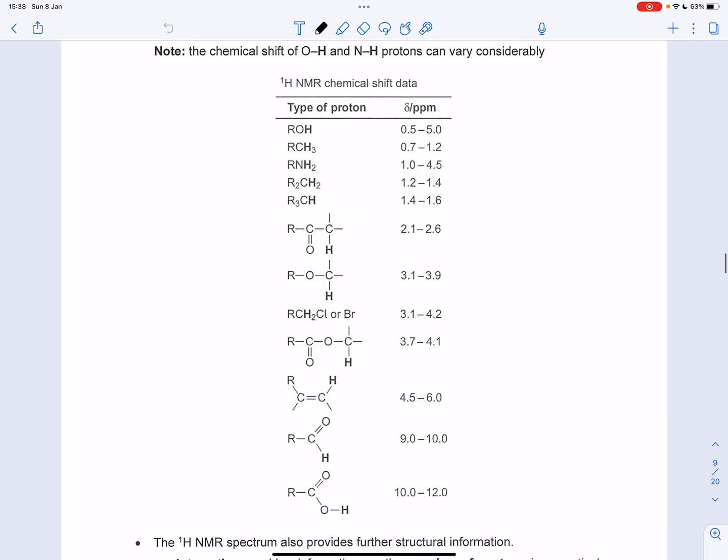And if I just draw a little example, we can work with it. So if we take something fairly straightforward like propane. So a nice easy structure that we know. It's got 3 carbons. It's got hydrogens. So remember, we're now not concentrating on the carbons, we're concentrating on the hydrogens.